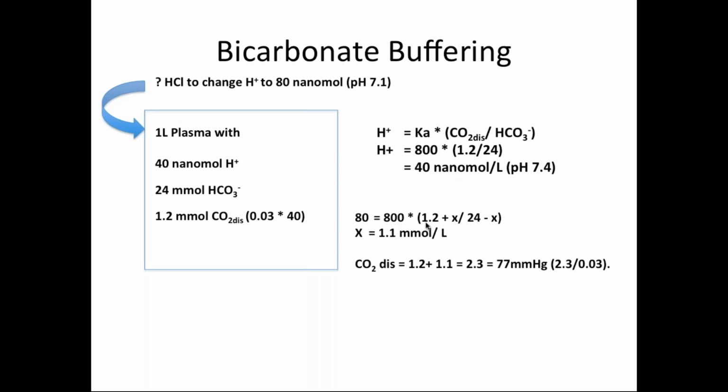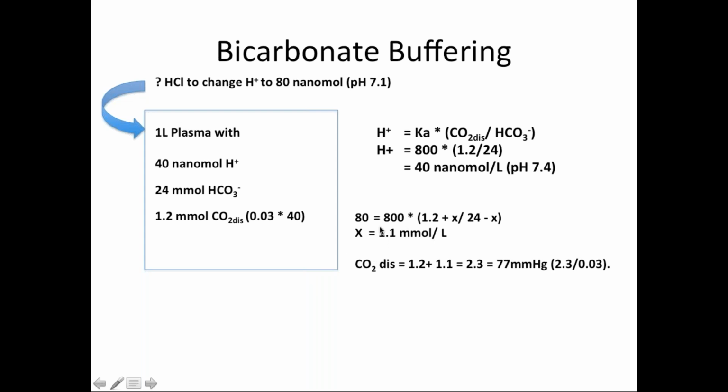The final H plus concentration that we want is 80, and the 800 is our constant. If we add X millimole of HCl, that would add acid to the CO2, so 1.2 plus X, and it would decrease the bicarb by the same amount, so 24 minus X. So when we solve for X, you get 1.1 millimole per liter.